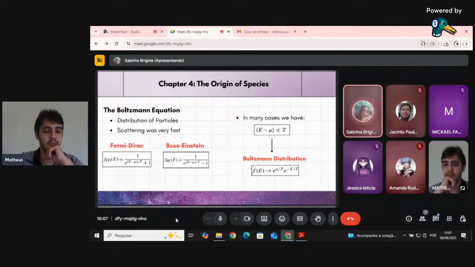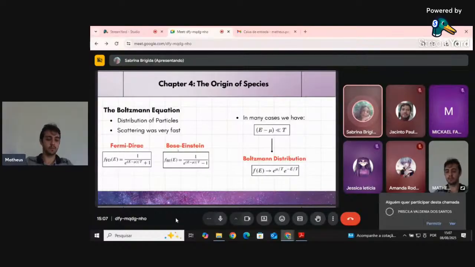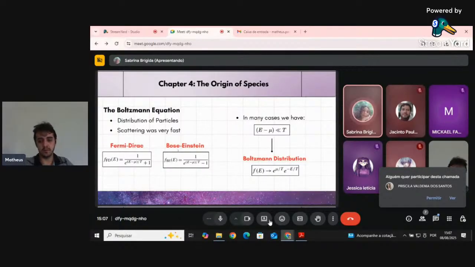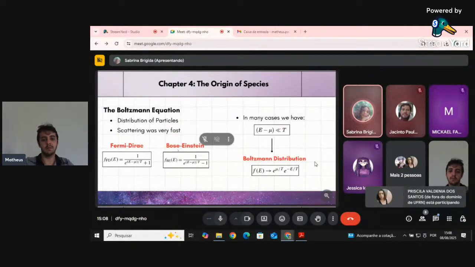We can study these out of equilibrium phenomena using the Boltzmann equation in a homogeneous universe. This equation helps us understand how particles were distributed in the early universe because of their interactions. Because scatterings happen very quickly, the particles of each type will follow the usual Bose-Einstein or Fermi-Dirac distribution, and all of them will share the same temperature.